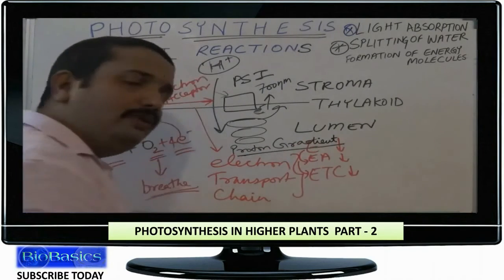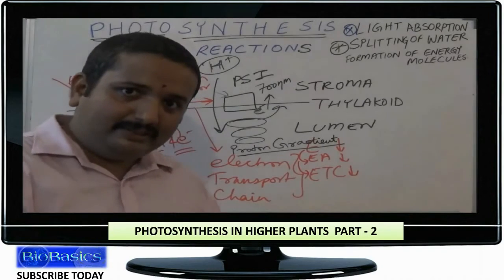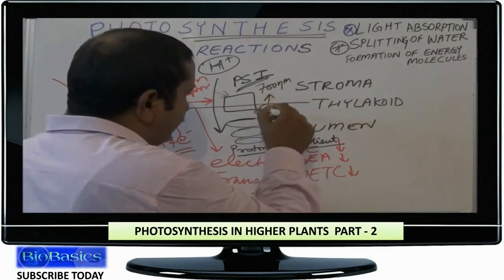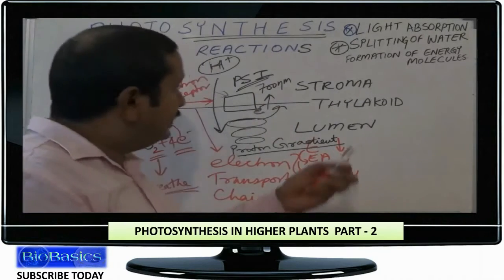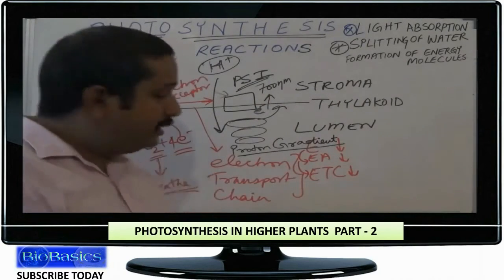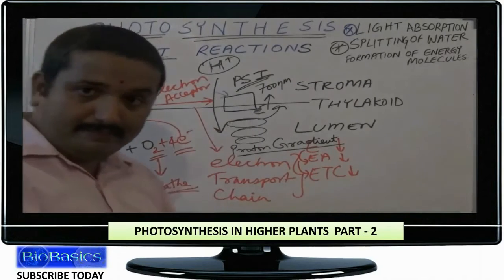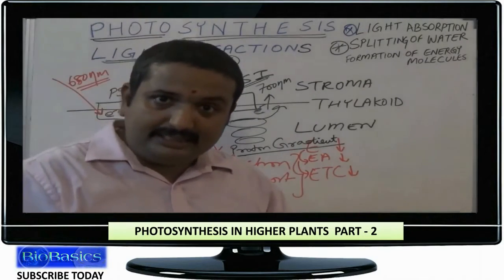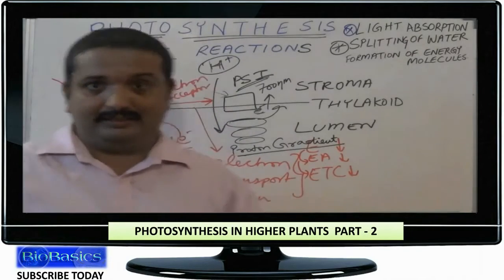Okay, I think I am going a little bit too far here. So we will stop with this. When it goes to photosystem 1, the electrons also get excited, but this happens only at 700 nanometers. From here, it is transferred to here. And when this happens, something interesting happens, and we will see what that is.